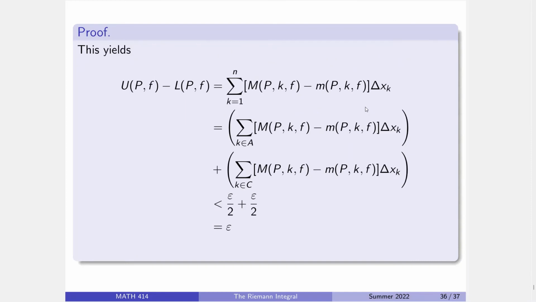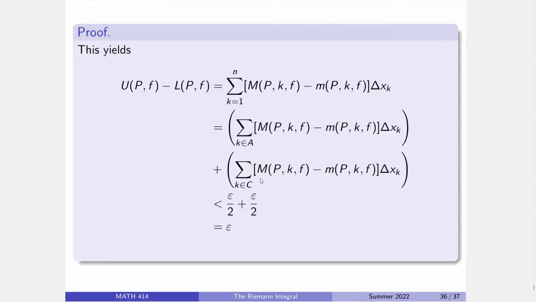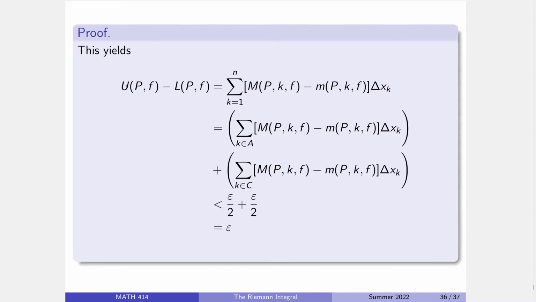So if you're in the set A, then this whole sum needs to be less than epsilon over 2, and likewise, if you land in the set C, this needs to be less than or equal to epsilon over 2. Those add up to epsilon. We've now proven that for any partition whose mesh size is less than delta, the difference between the upper and lower Darboux sum does not exceed epsilon.